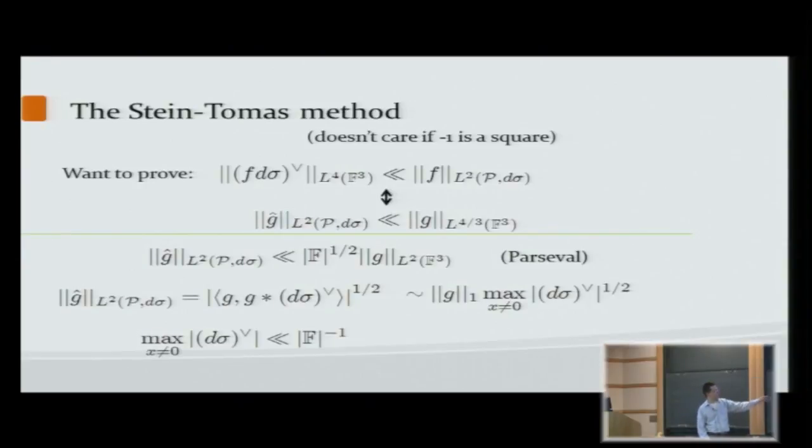If the Fourier transform of the characteristic function of the paraboloid is small, then this is a good estimate. If I combine these two, I get this up here. So really the only thing that the Stein-Tomas method uses is that the Fourier transform of the surface I'm working on is small.